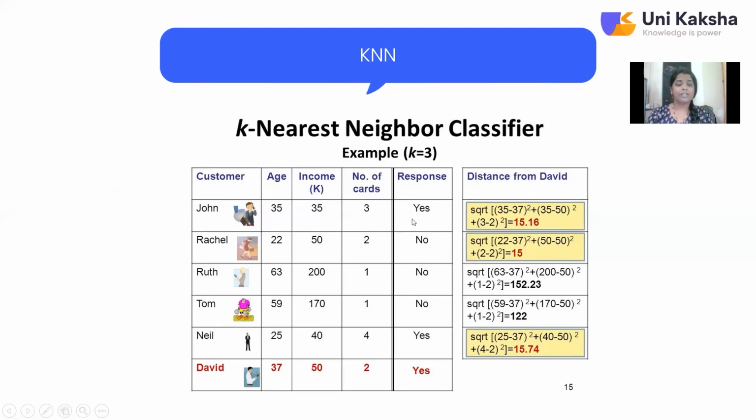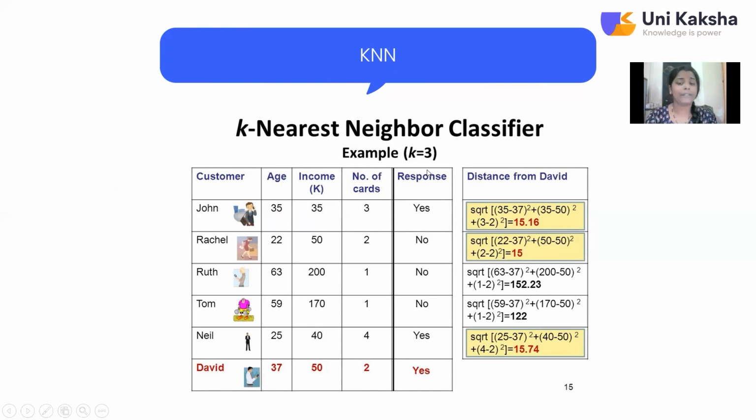In this case, John and Rachel have 1 vote for yes and no respectively, so you don't have a maximum vote. So we'll look at the minimum distance of David's example with respect to John and Rachel, and that is again Rachel, so your response will be no.